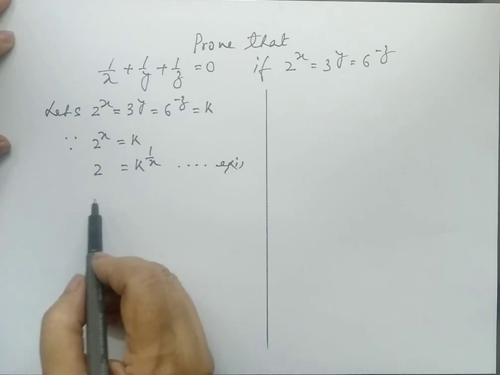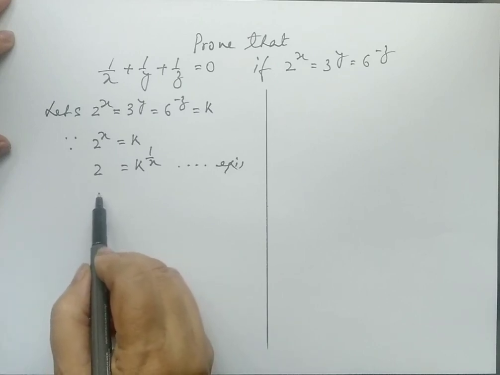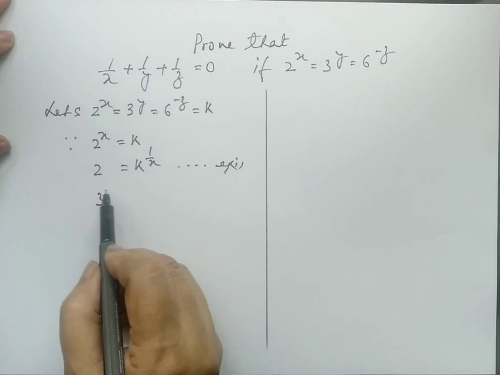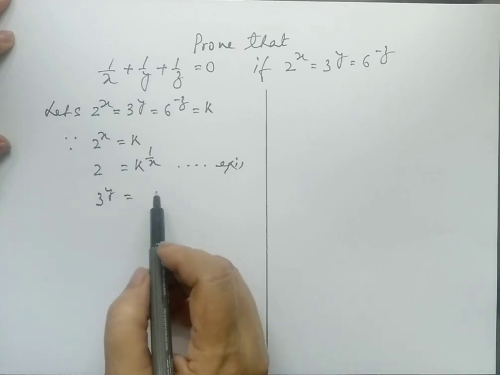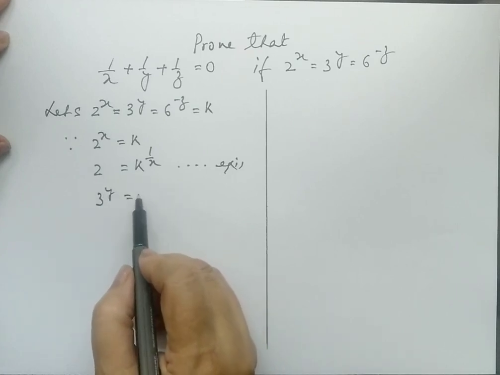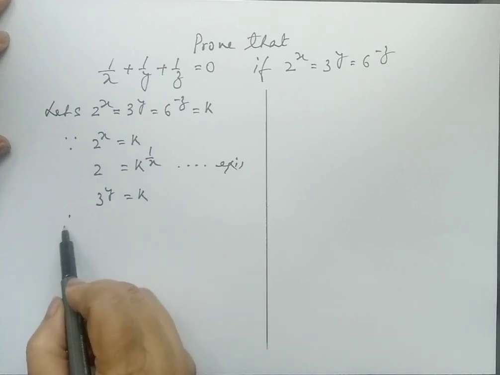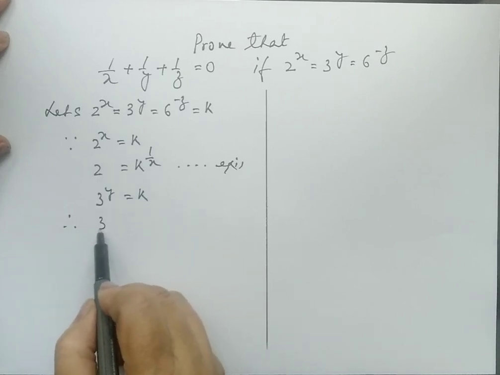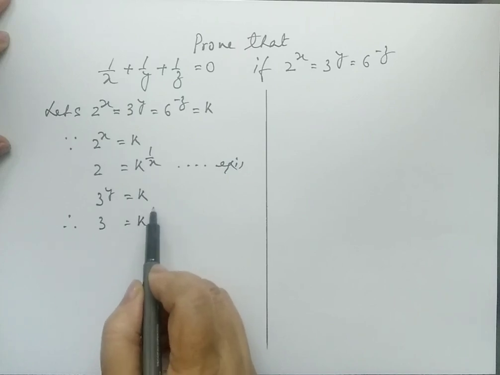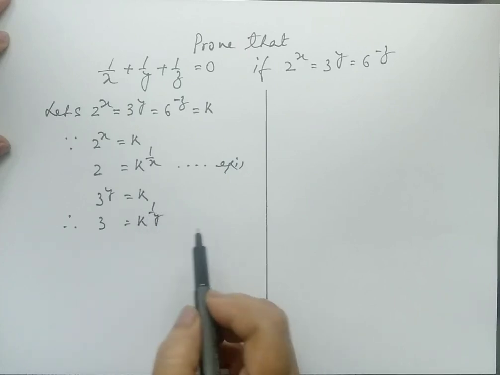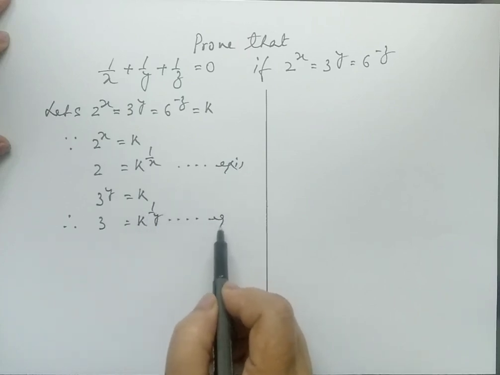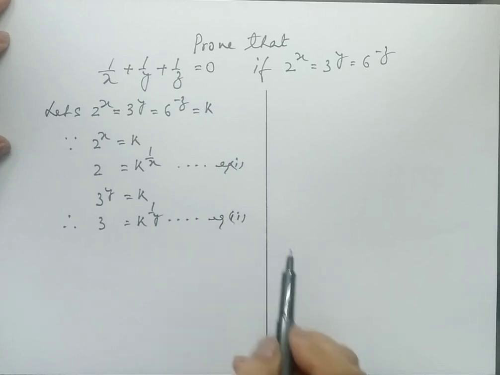Similarly, we have 3 to the power y is equal to k. Therefore 3 is equal to k to the power 1 by y. This is my equation 2. Got it?